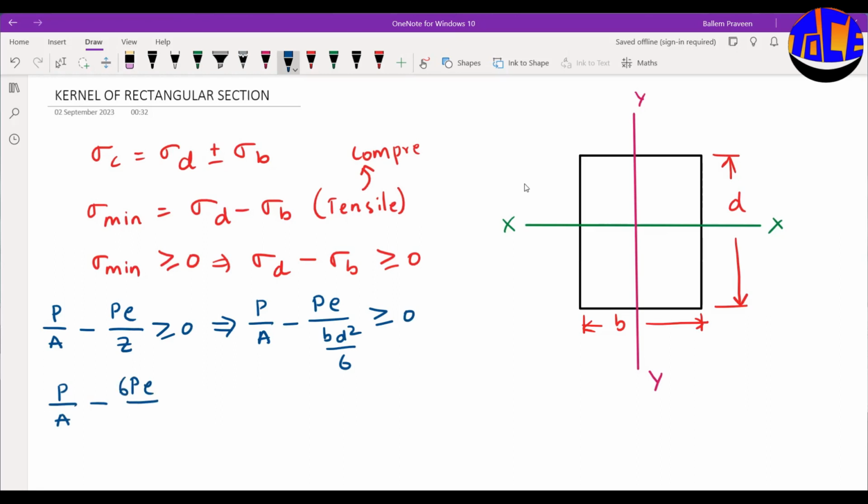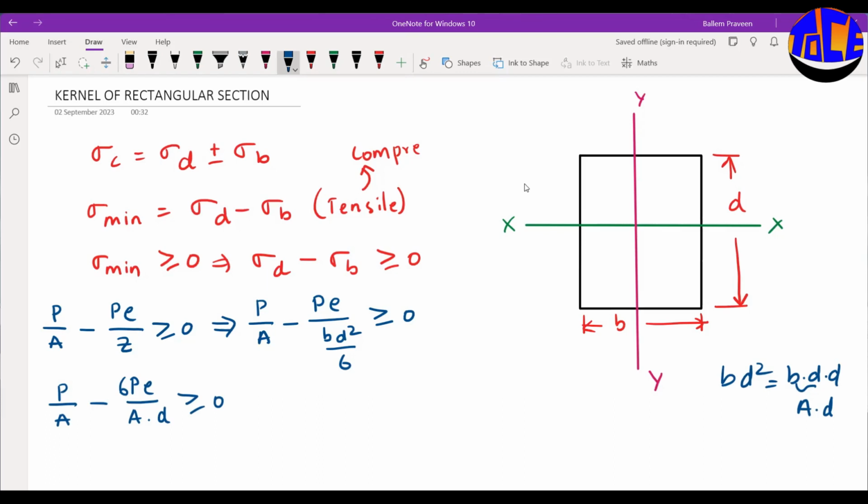It should be greater than or equal to 0, so we can write P by A minus 6 times PE by BD square. I have separated BD square as B into D into D. B into D is nothing but area, so it will be A into D.